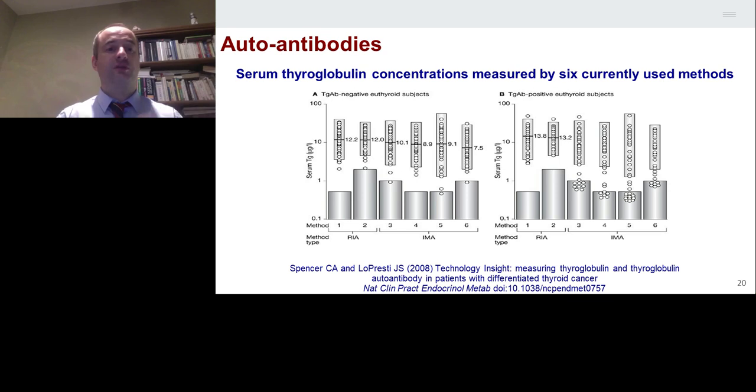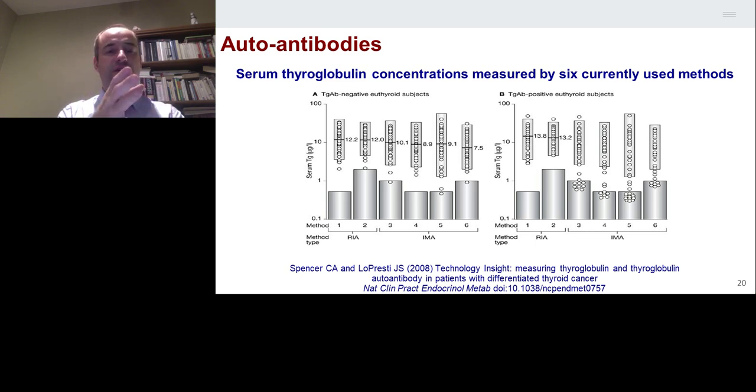Another famous autoantibody-related interference in the world of thyroid testing is thyroglobulin and the impact of thyroglobulin autoantibodies. Some methods are more sensitive than others to the interference with autoantibody, and the consequence is autoantibodies are blunting the signal.